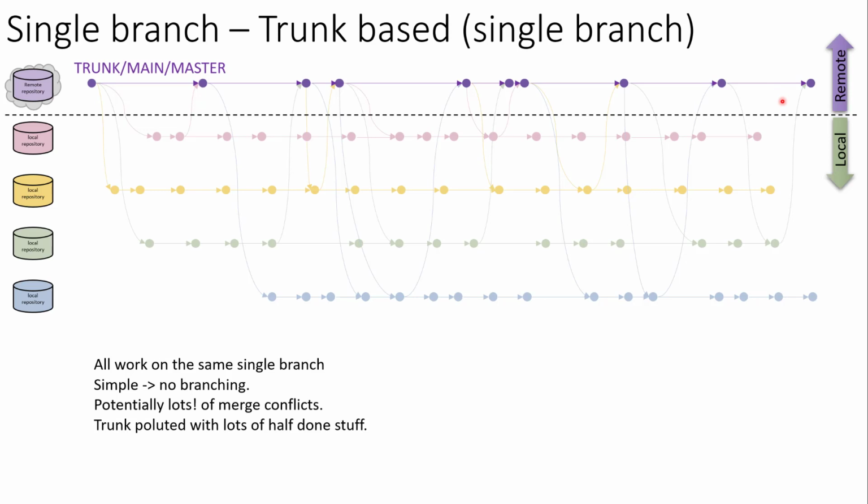There is some simplicity because you basically don't have to manage branches, you're just working in the same thing, but it also means that you will most likely encounter a lot of merge conflicts where multiple people have worked on sort of the same code, so Git does not know how to put those two pieces of code together, and that causes a merge conflict.